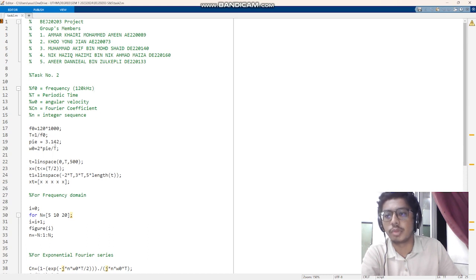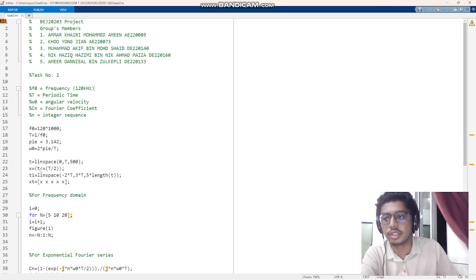Pi is set at 3.142. The angular velocity omega naught is 2 pi over T. Lines 22 until 25 are the function MATLAB is going to execute, where we input t equals linspace(0, T, 500). Notice that 500 here is our duty cycle, so 50% is equal to 500.